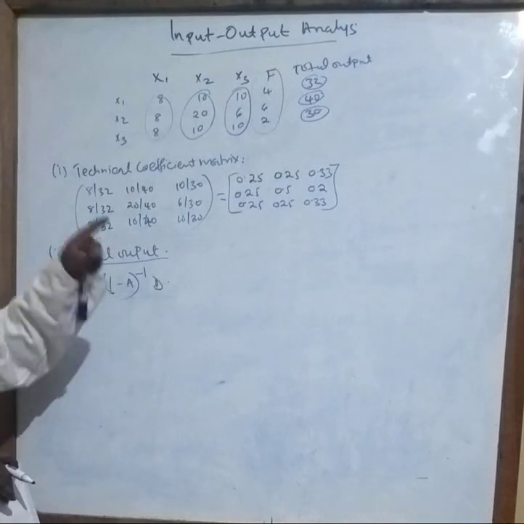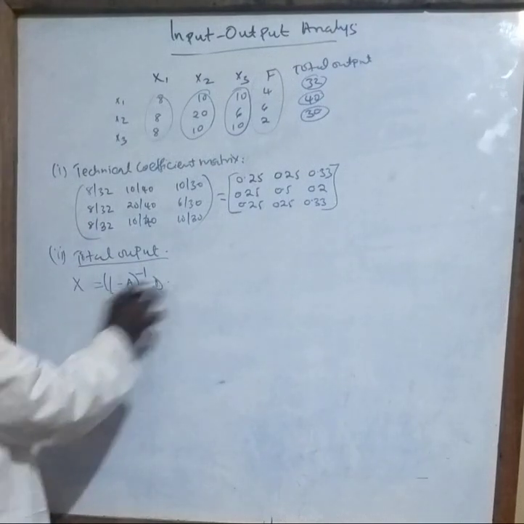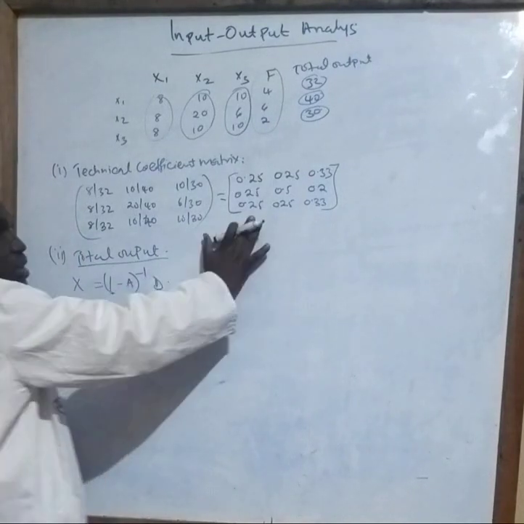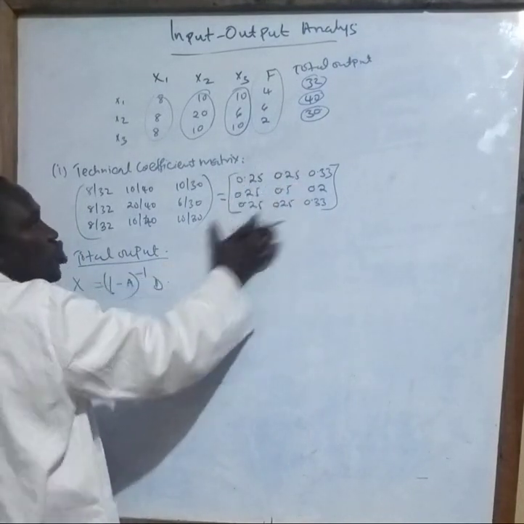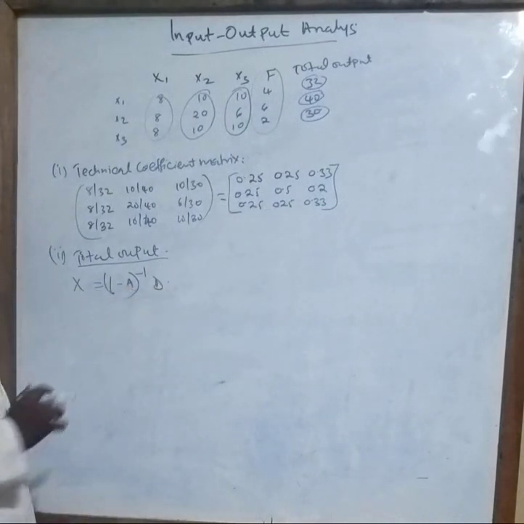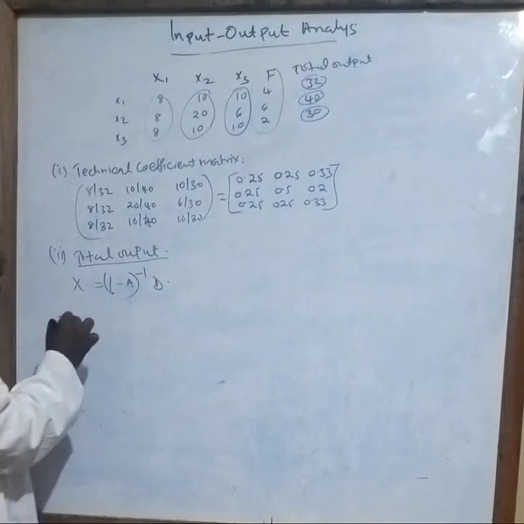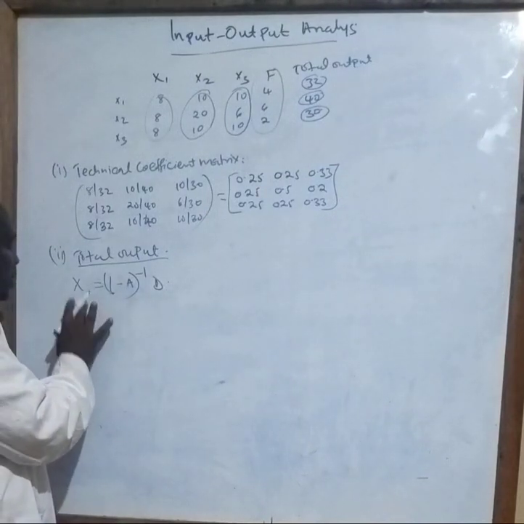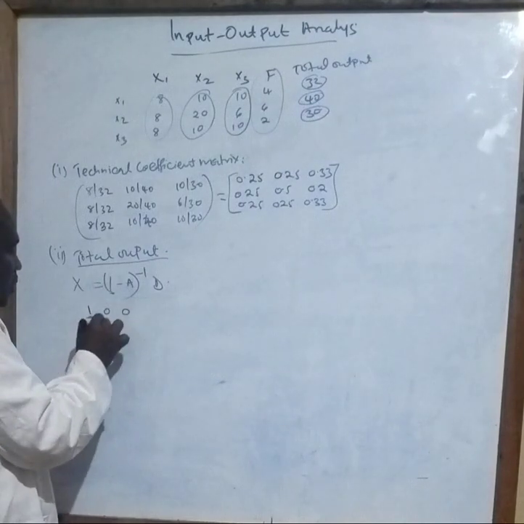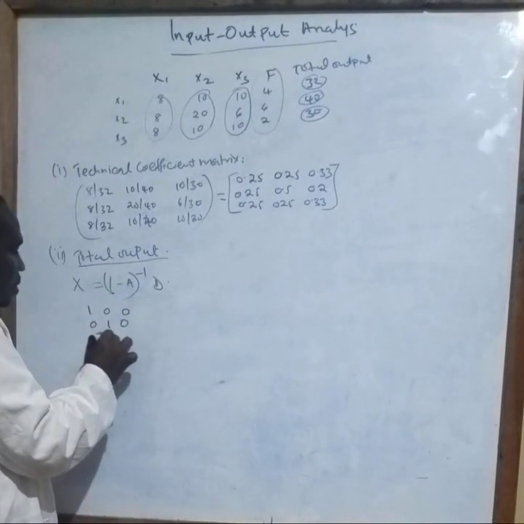This identity matrix I've already explained. If it is a 3 by 3 matrix like this one, the identity matrix will be 3 by 3. If it is a 2 by 2 matrix, the identity matrix will be 2 by 2 also. Look at how it is done: 1, 0, 0, 0, 1, 0, 0, 0, 1.